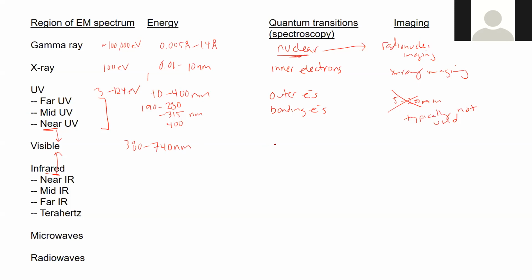In terms of quantum transitions, I only briefly looked at the hydrogen atom and the Balmer series electrons. So it's also electronic transitions like the UV.